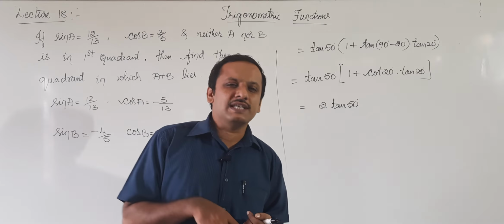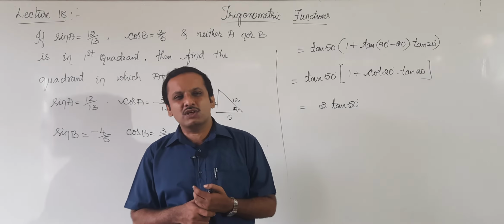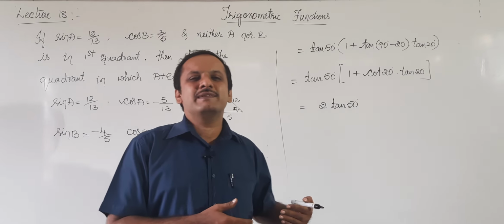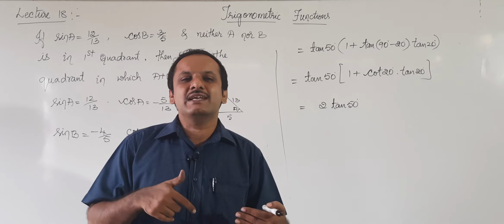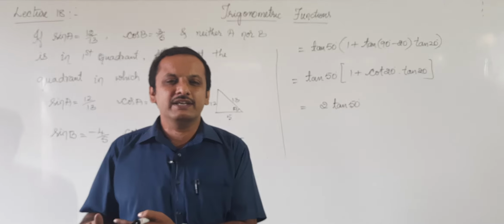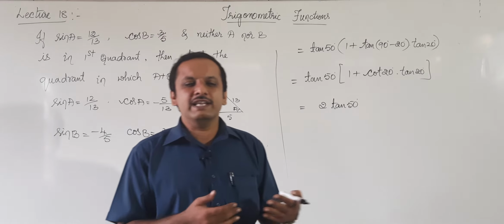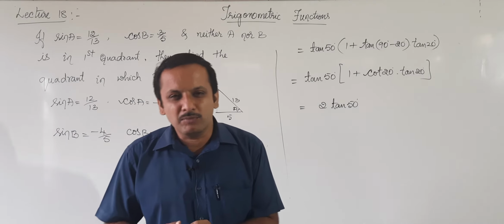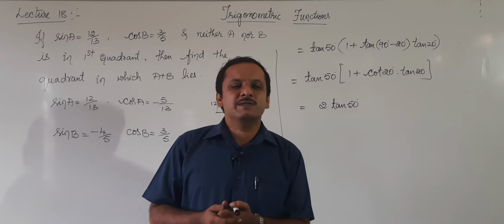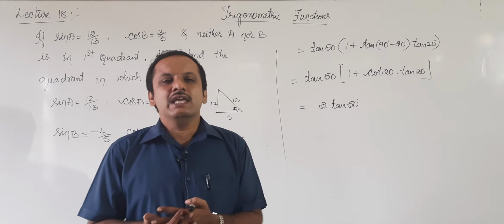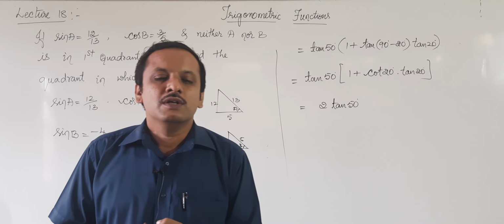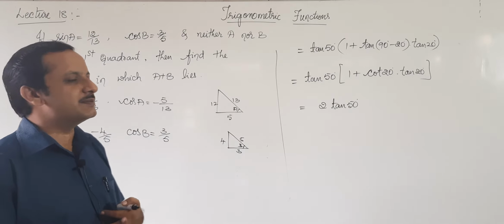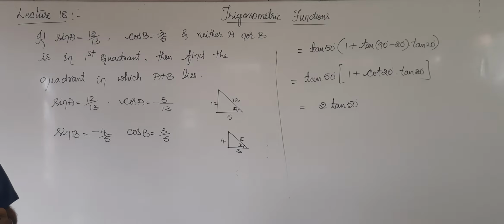Then you find out cos A plus B also. If that is also positive, then A plus B is in the 1st quadrant. If cos A plus B is negative, that means A plus B is in the 2nd quadrant. If both sin A plus B and cos A plus B are negative, that means A plus B is in the 3rd quadrant. If sin A plus B is negative but cos A plus B is positive, then A plus B is in the 4th quadrant.